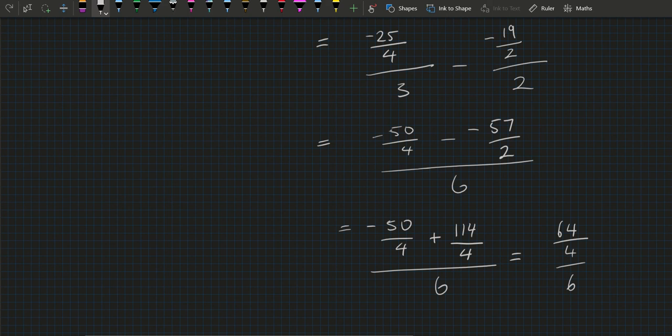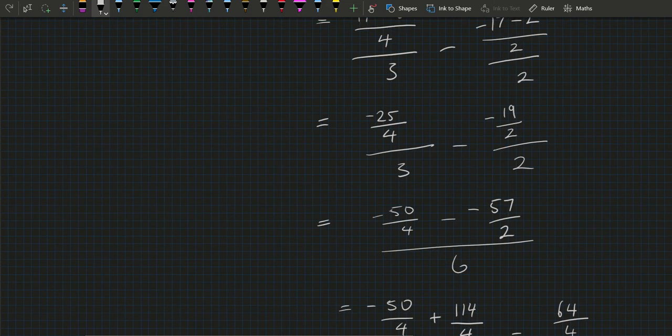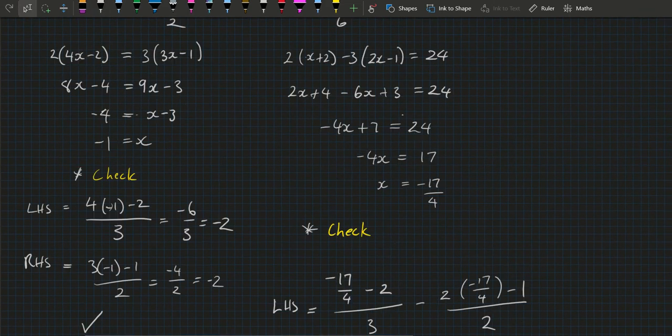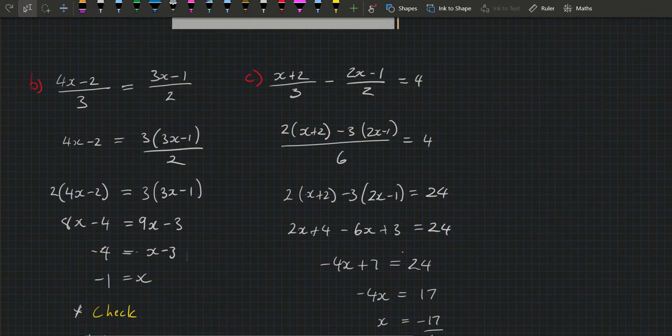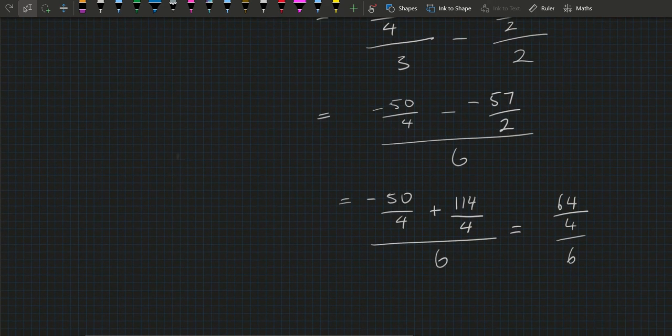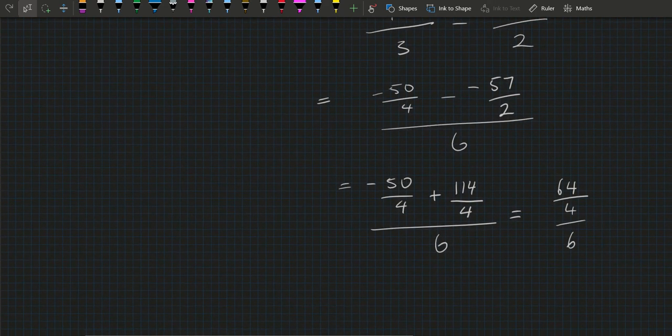What's 60? 8 eighths are 64. So I've made a mistake somewhere. What do I need to equal? I need to equal 4. That can't be right. What have I done? I'm going to leave this as a mistake and we'll check it in class.